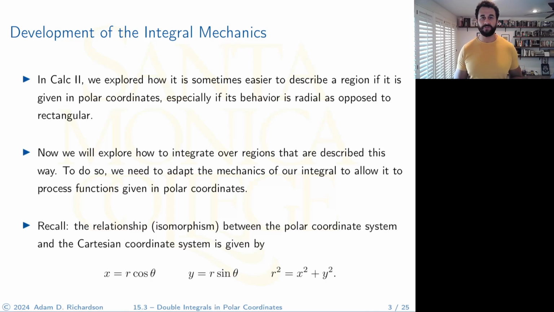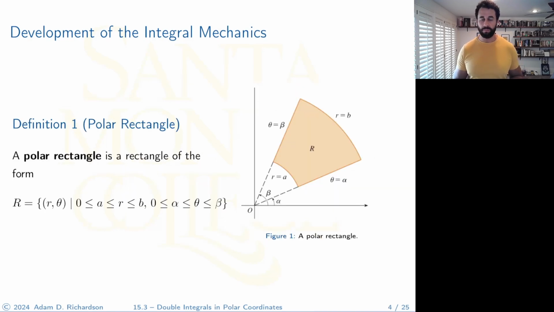If you remember from when we developed the integral mechanics for the double integral, we partitioned our rectangle into a bunch of sub-rectangles, right? We're going to do the same thing now, but we're going to partition it into polar rectangles, or polar subrectangles. So what is a polar rectangle?